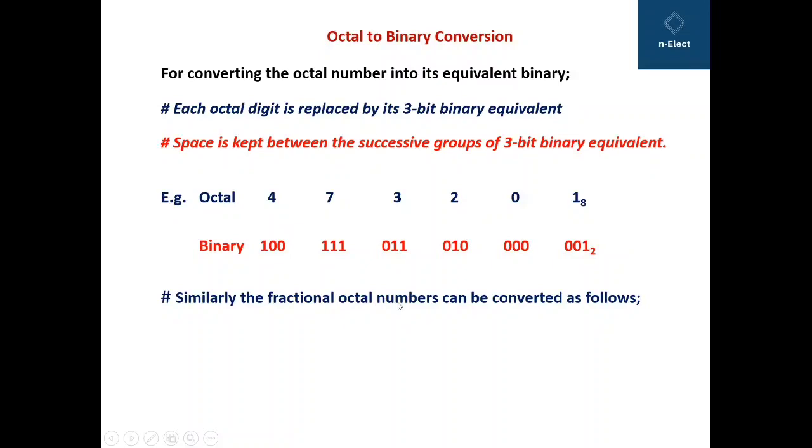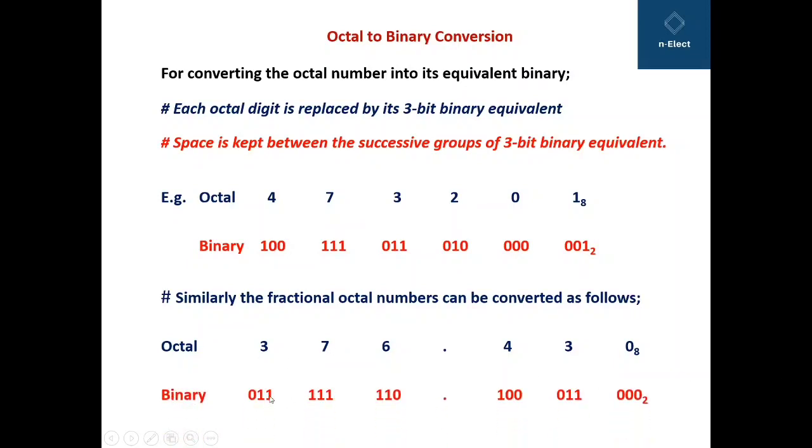Similarly, the fractional octal numbers can be converted as follows. Now this is about the integer part. When we are talking about the fractional part or the fractional octal number, how is it to be converted? So see here, the octal number given here is 376.430 octal. Now while converting this number into binary, again for every digit we will have to write 3-bit binary.